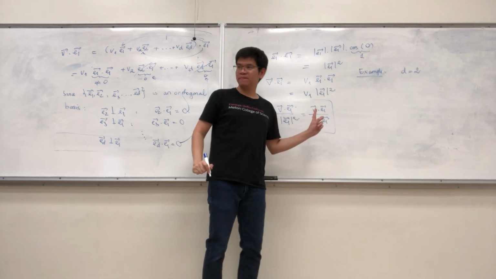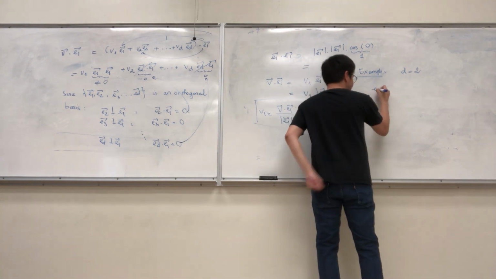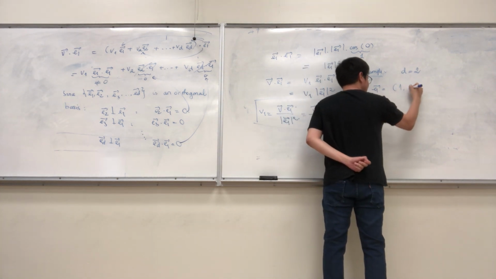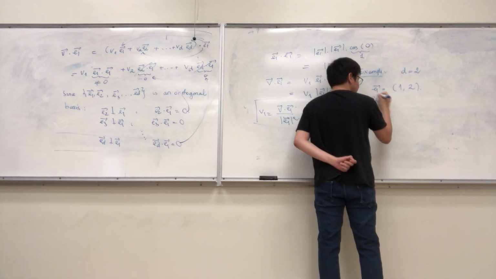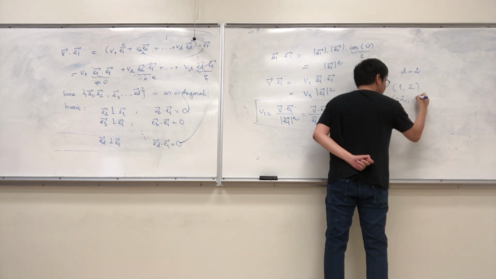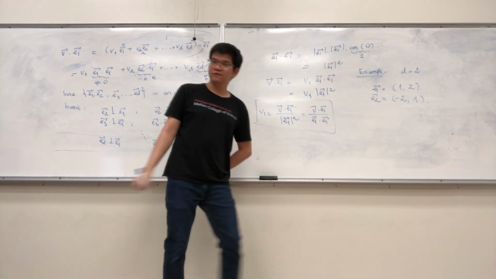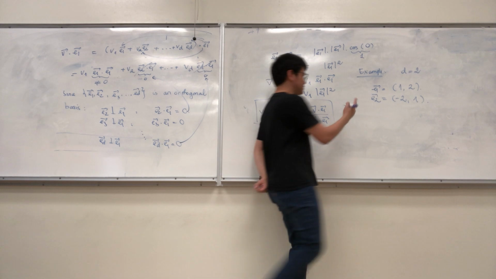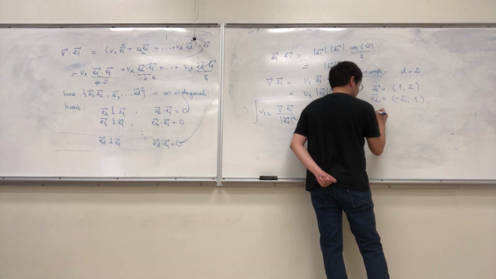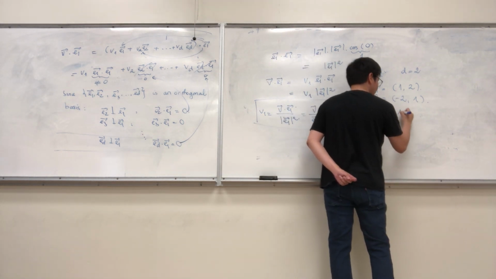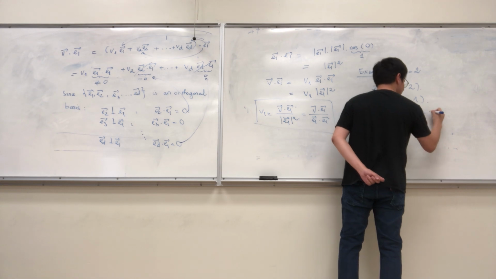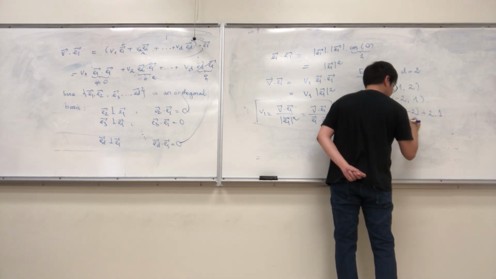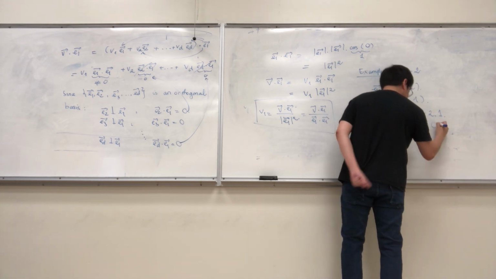I can choose E1 to be (1, 2) and E2 to be (-2, 1). And then what is the inner product? E1 times E2 will be 1 times -2 plus 2 times 1. This is -2 plus 2, and this is 0.